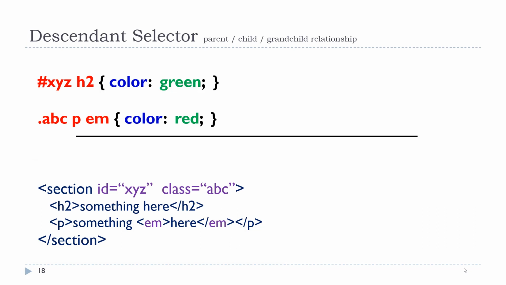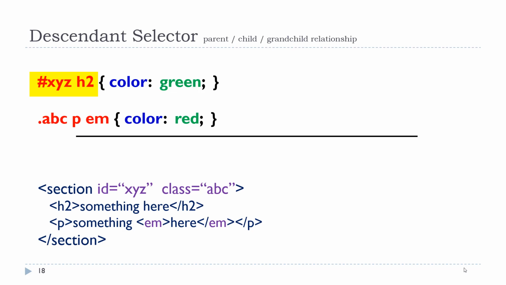However, we can still use those relationships to devise a selector for purposes of applying a style to a specific part of the page. So here we have #XYZ space H2. So where is that selector? Again, we read from right to left. The H2 that is a descendant of #XYZ.